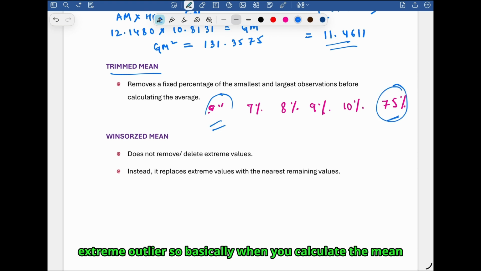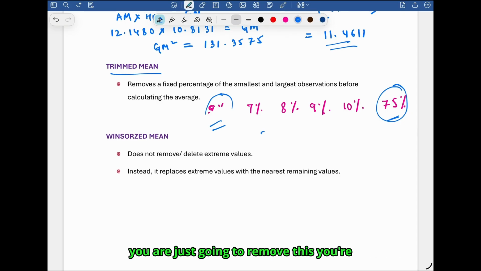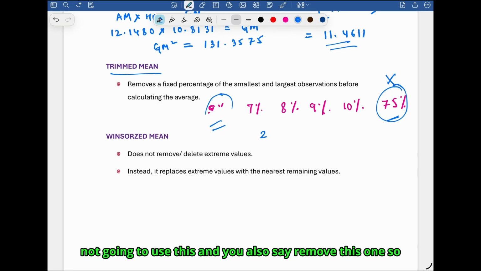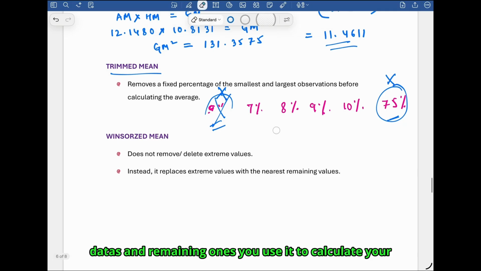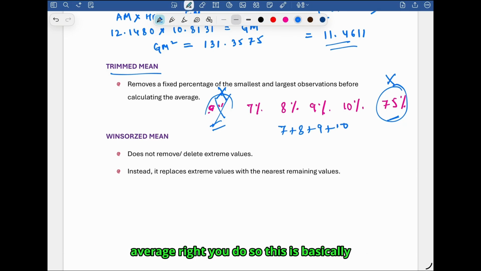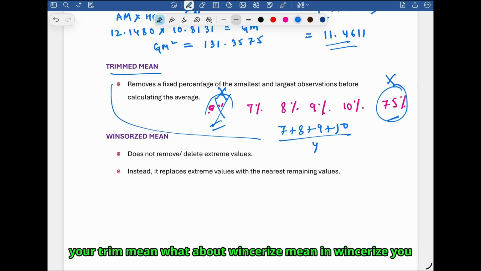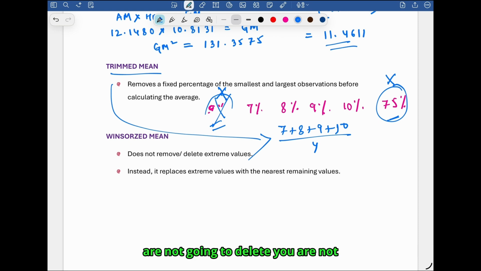So basically when you calculate the mean, you are just going to remove this. You're not going to use this. And you also remove this one. So you're going to basically delete these two data, and the remaining ones you use to calculate your average. Right, so this is basically your trim mean. What about Winsorized mean? In Winsorized, you are not going to delete.